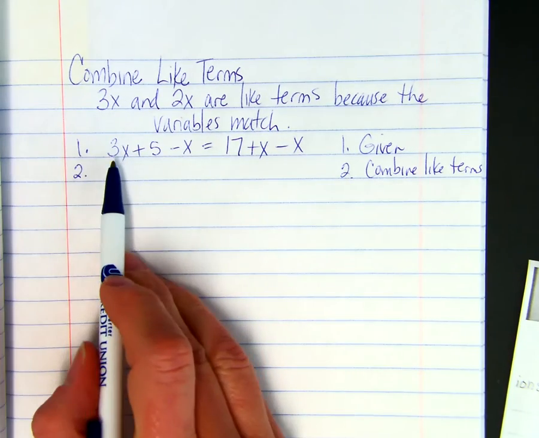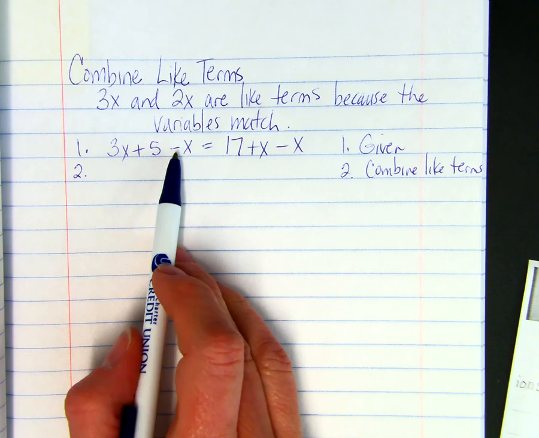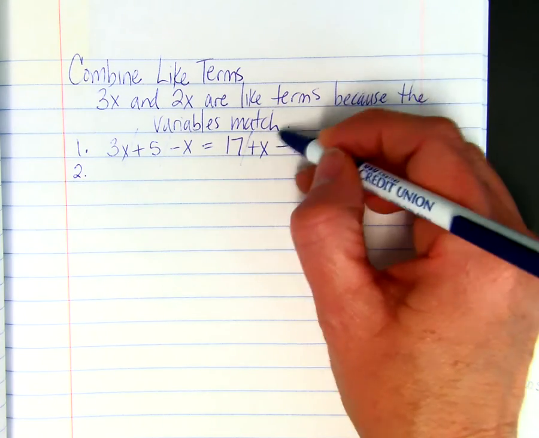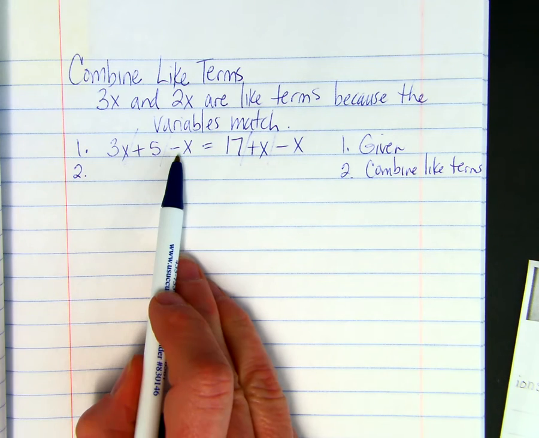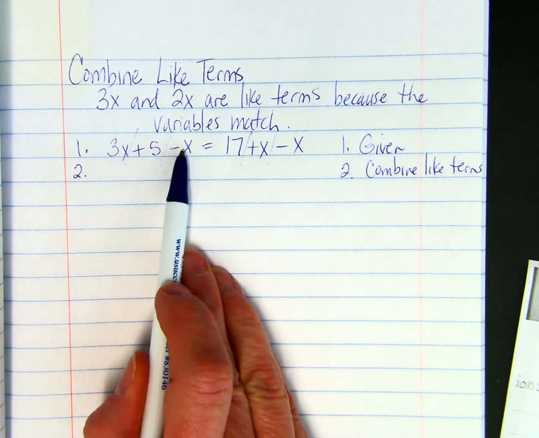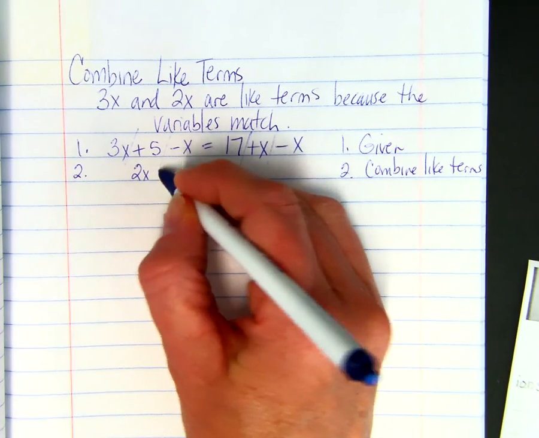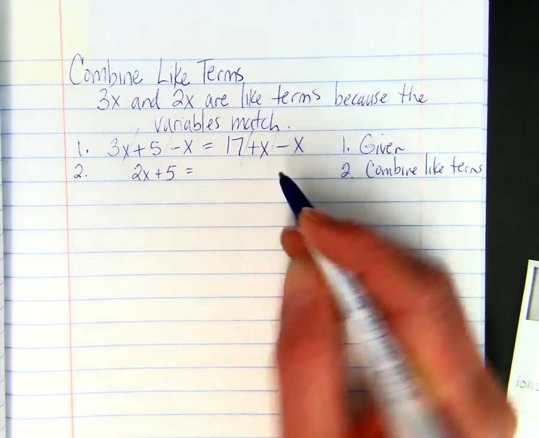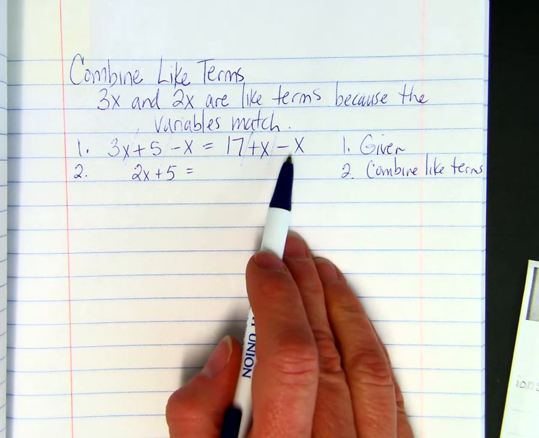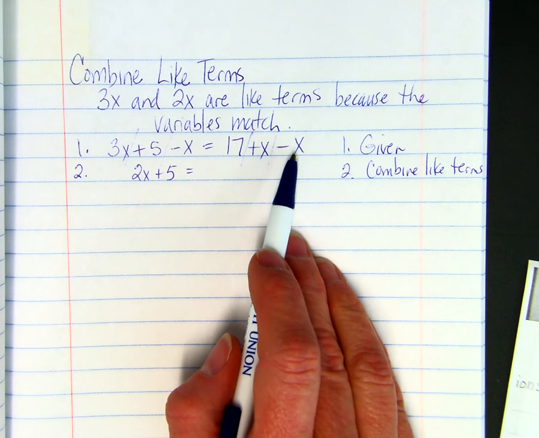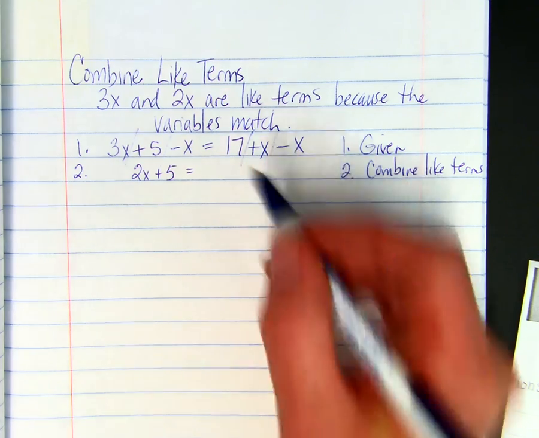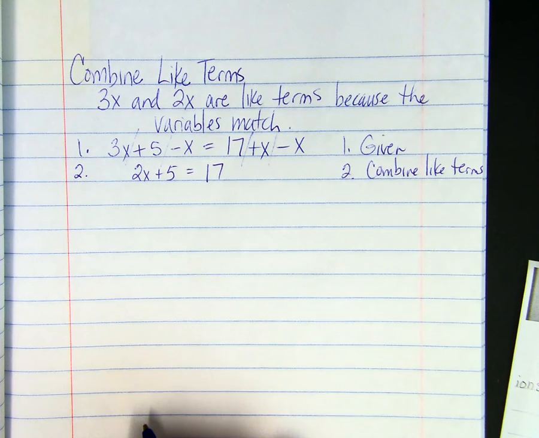We're going to take 3x minus x. We combine these because the variables match. 3x minus x is 2x plus 5 equals, and then here we combine like terms. x minus x is just 0x, or candy bar minus candy bar is 0 candy bar, so it equals 17.